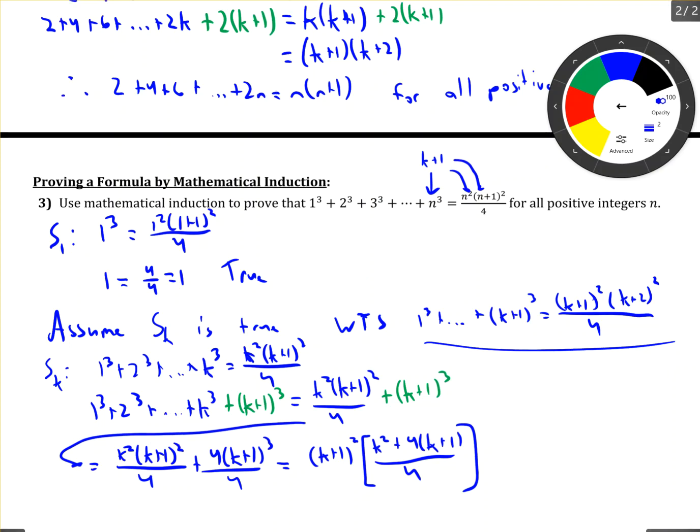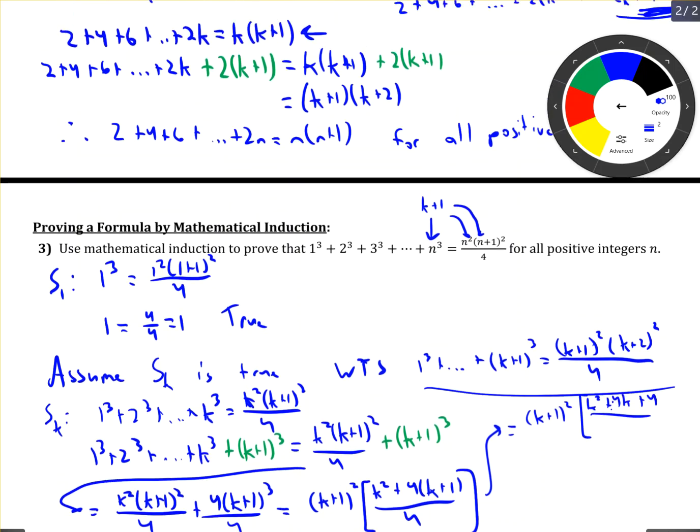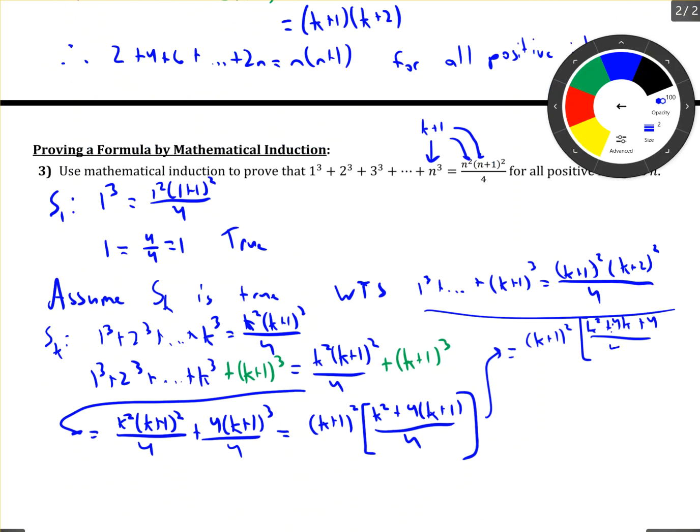Now looking at that, that's equal to k plus 1 squared times k squared plus 4k plus 4 over 4. Well, how does that numerator factor? Let me try and make it a little bit neater here. Well, that numerator factors to be k plus 2 squared.